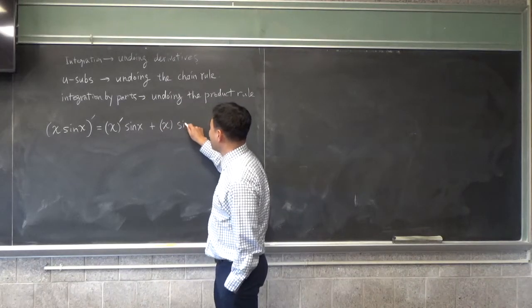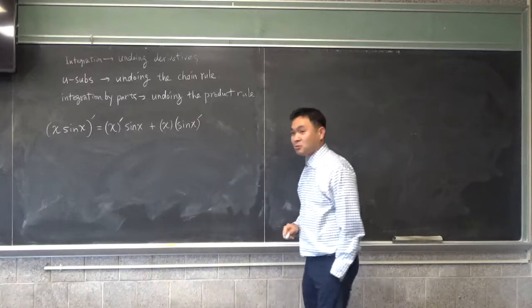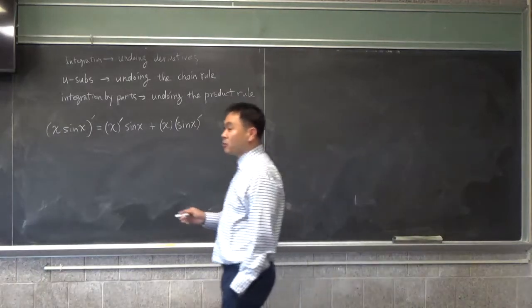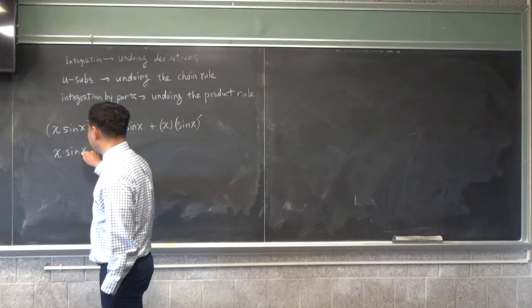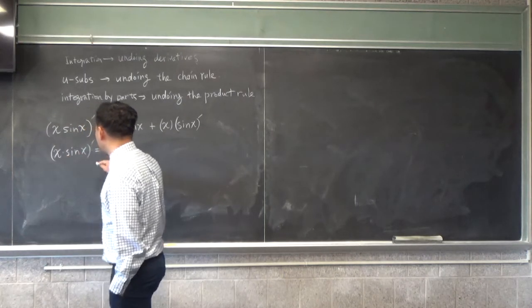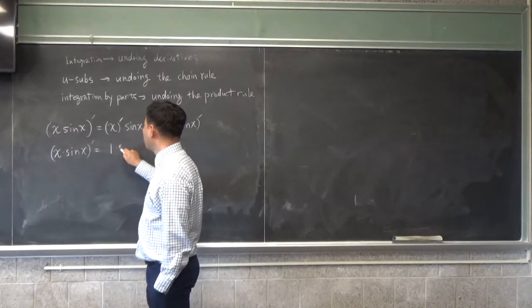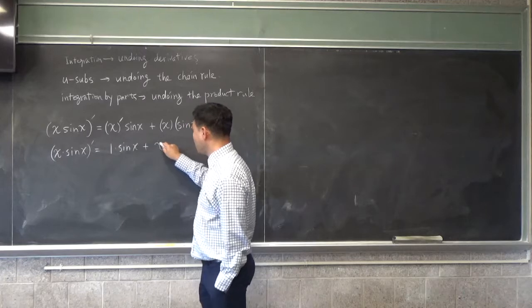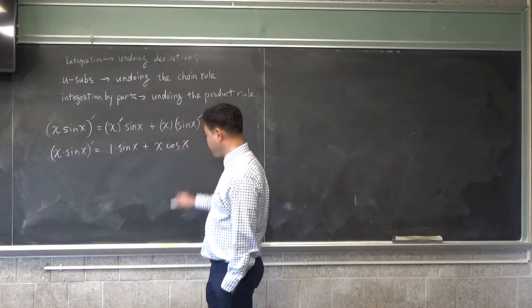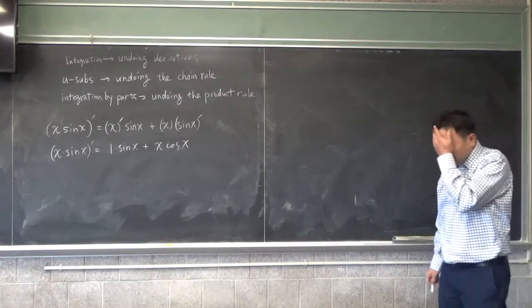But the other one that you did not differentiate, it's now its turn to differentiate. That's what the product rule says, right? And therefore, the result you get is (x times sine x)' equals 1 times sine x plus x times cosine x. Okay, so that's the product rule.